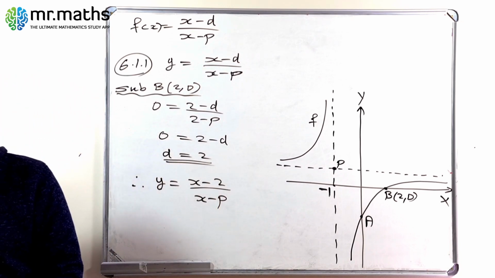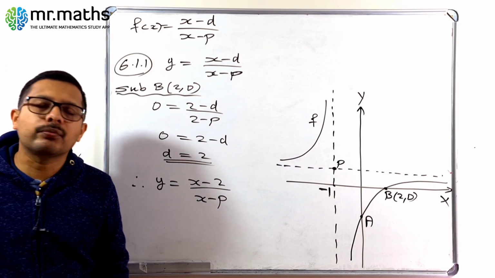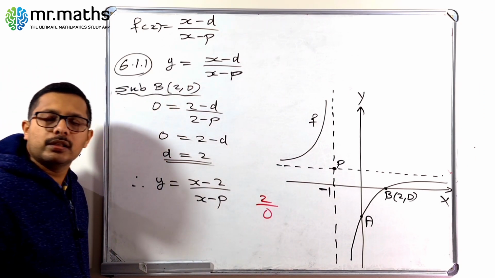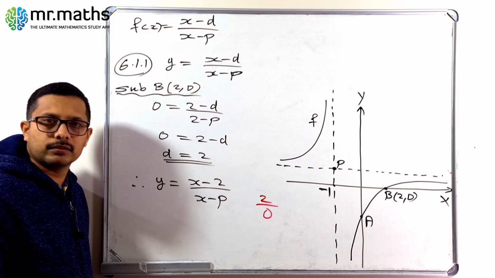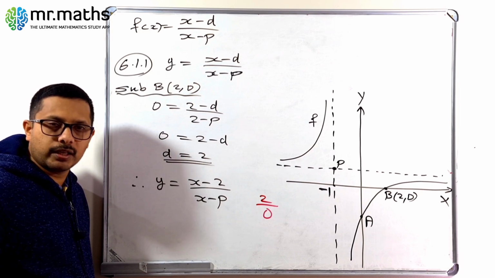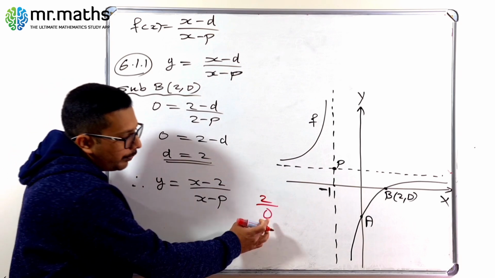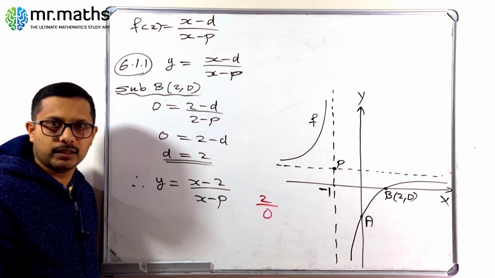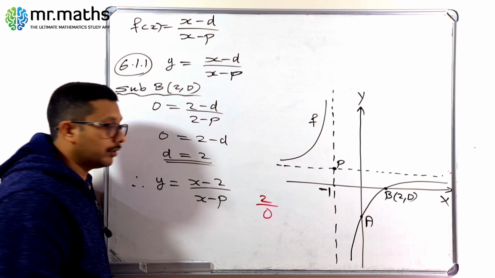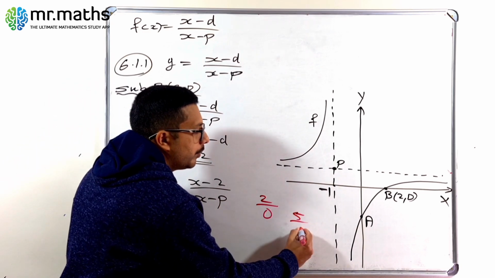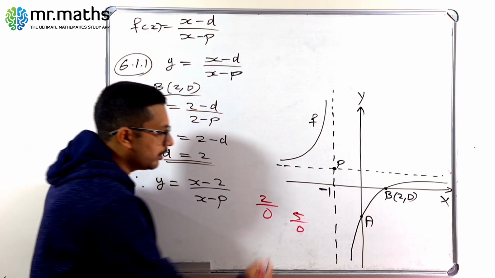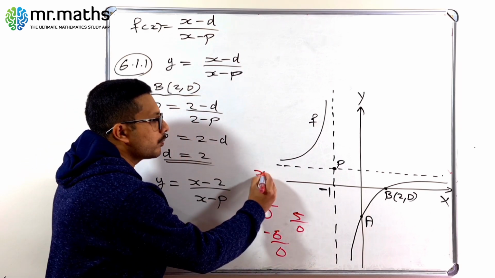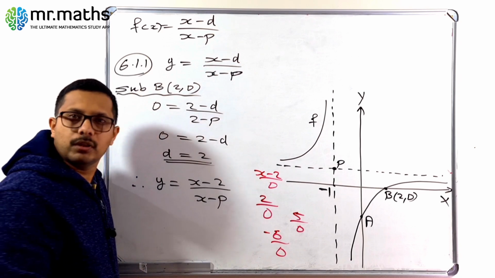When is a fraction undefined? Just tell me. If I write a number divided by 0 like this, check in your calculator, what is the answer? Maximum error. Am I right? So it means that if the denominator is 0, the graph is undefined, whatever it may be, graph or fraction. 5 divided by 0, undefined. -6 divided by 0, undefined. (x minus 2) divided by 0, undefined.